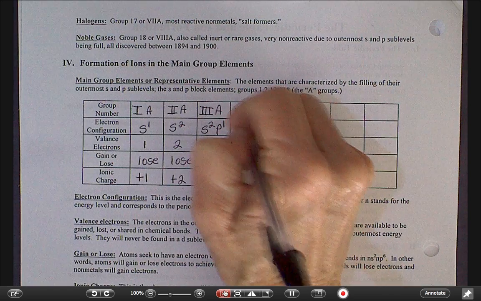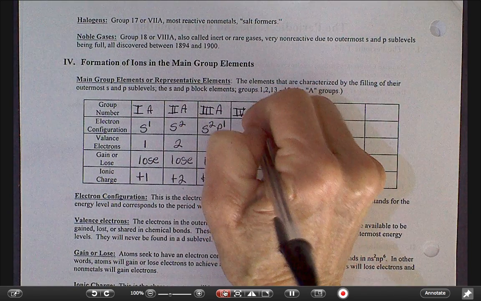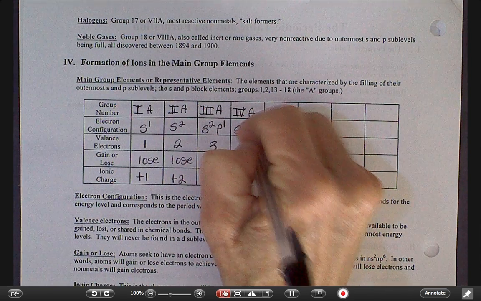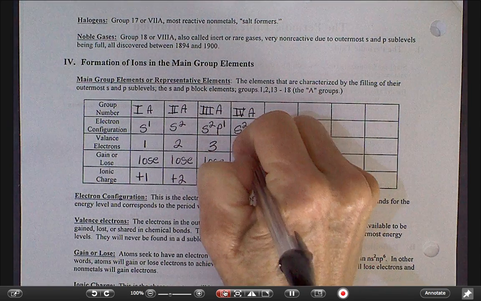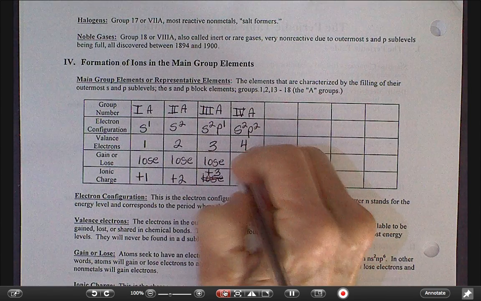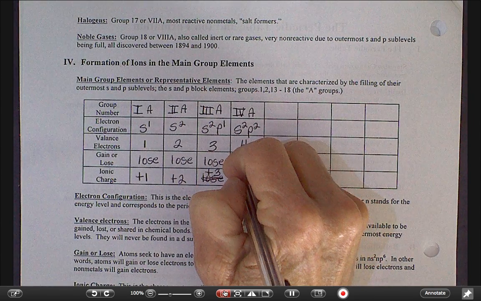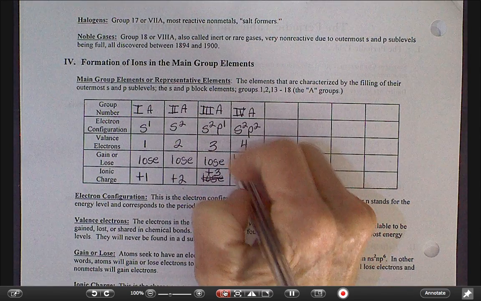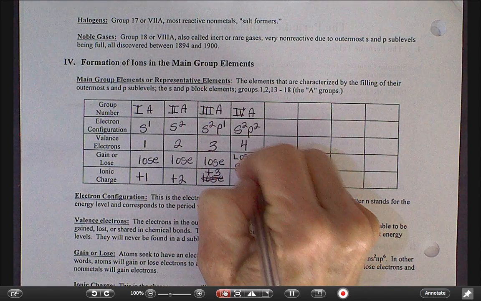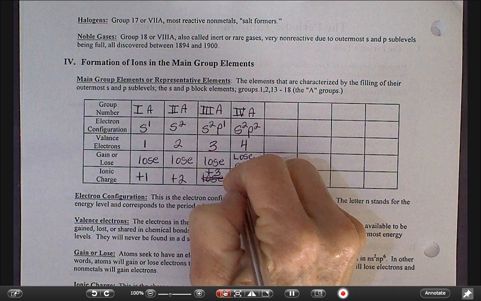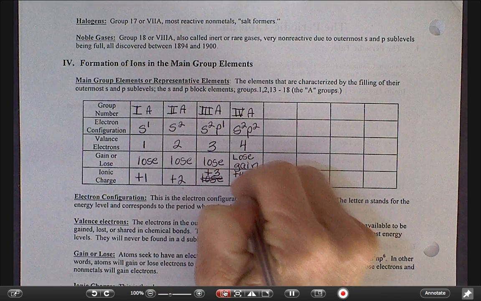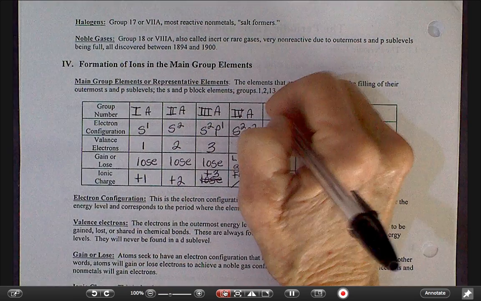Group 4A is s2p2, 4 valence electrons. The metals will lose and the nonmetals will gain. And they are +4 for the metals and -4 for the nonmetals.